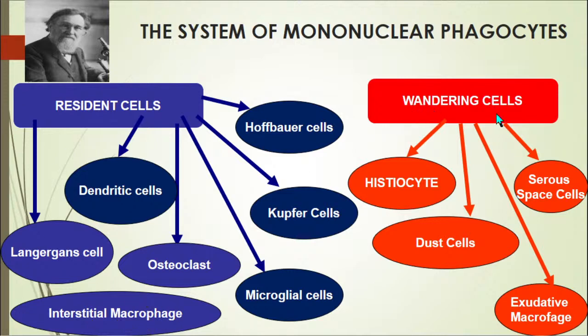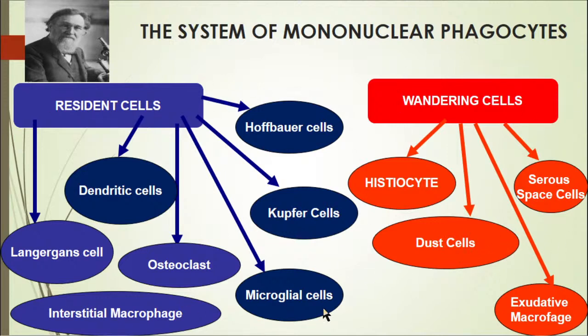Also we have seen the interstitial macrophage. Interstitial macrophage is present in the lung, for example. One macrophage in lung is interstitial, another is dust cells. But absolutely another classification.